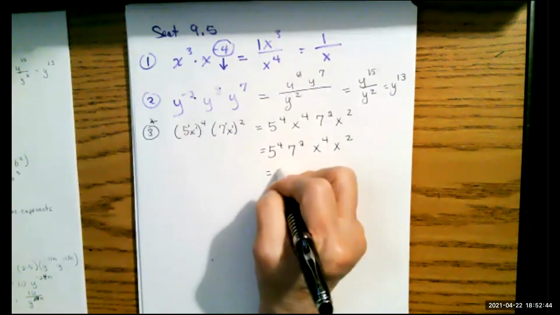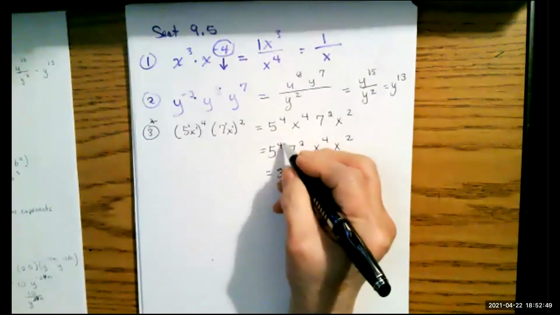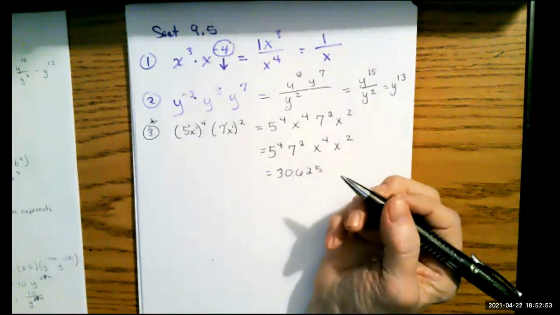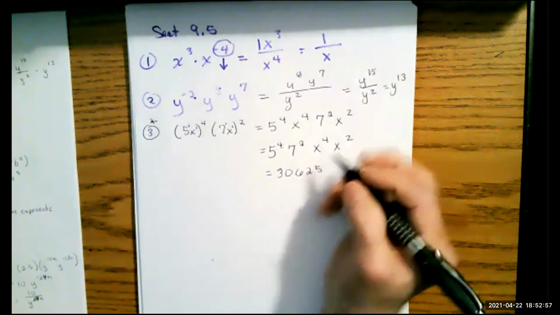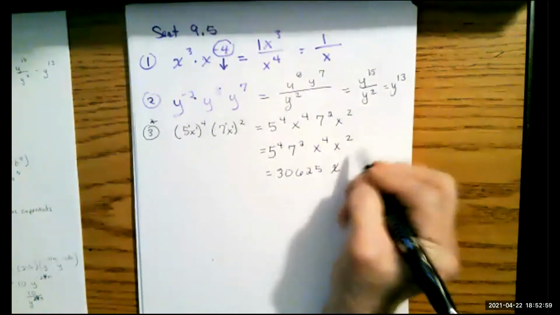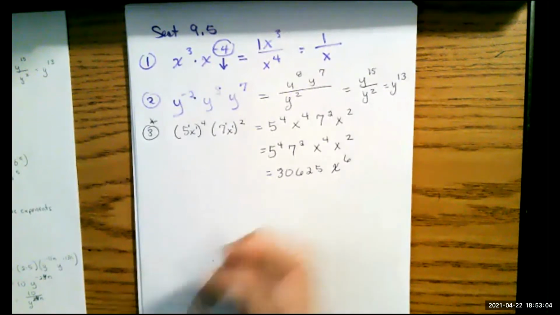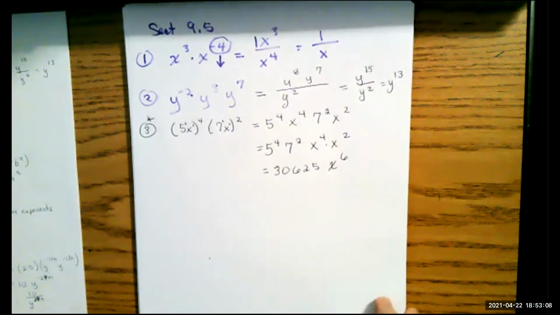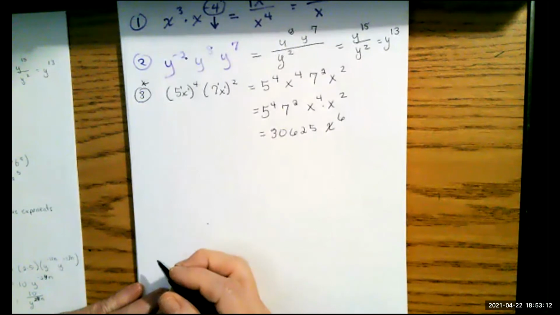Now I put this on the calculator, and I found 5 to the 4th was 625, 7 to the 2nd is 49, 625 times 49 is 30,625, and I have an x to the 6th because I have to add those exponents there because you're multiplying bases that are the same. Questions?